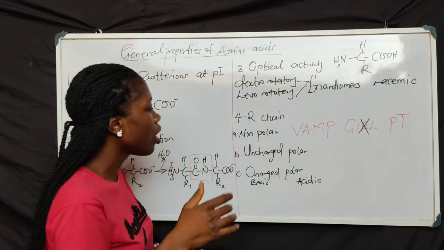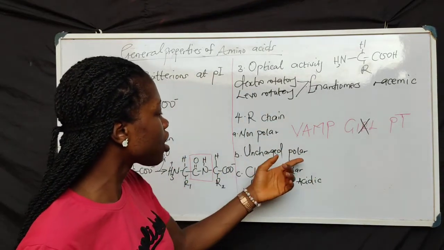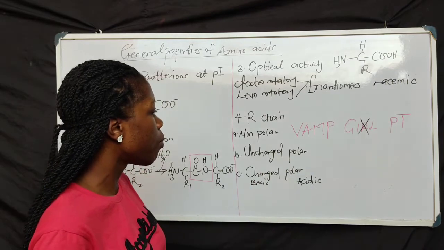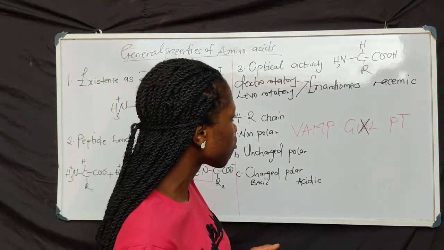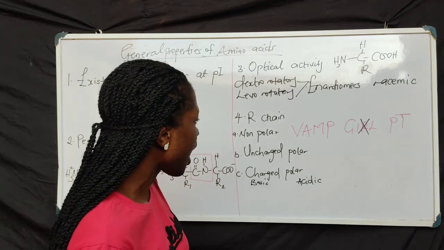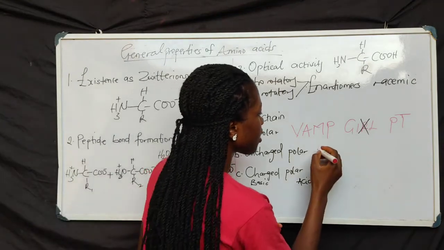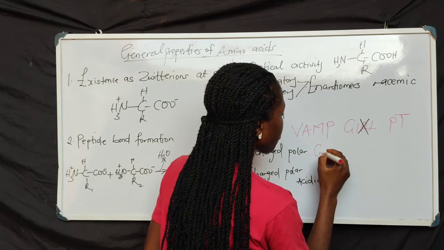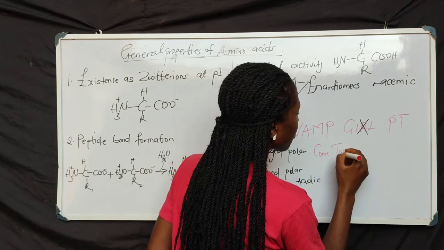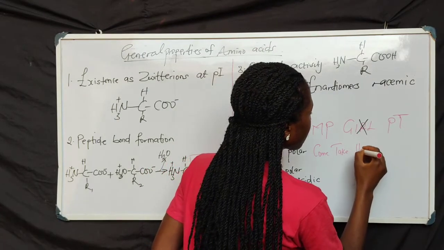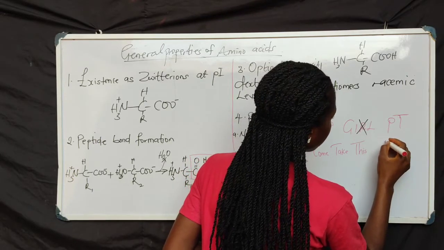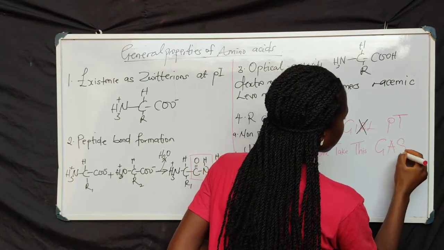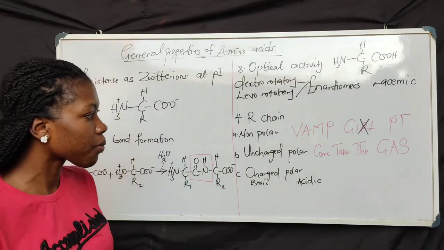Okay? For the uncharged polar amino acids, we have about 6 of them. And I also have a mnemonic for that. I said, come take this gas.